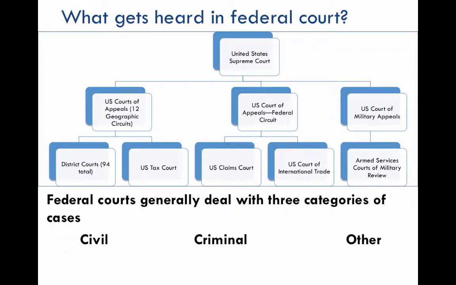So to look at the types of cases you might hear in federal court, you can kind of separate these out in a variety of ways. One way in which you can do that is between civil, criminal, and then kind of what I've labeled other. So civil lawsuits are lawsuits between individuals or organizations based on things like contracts or civil laws or constitutions that people believe have been violated.